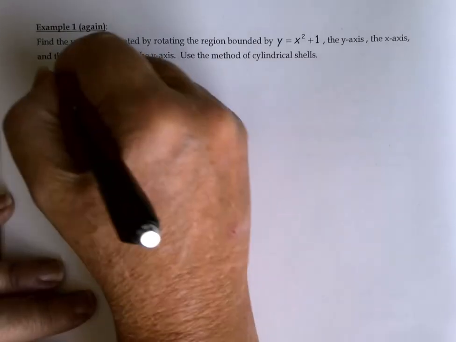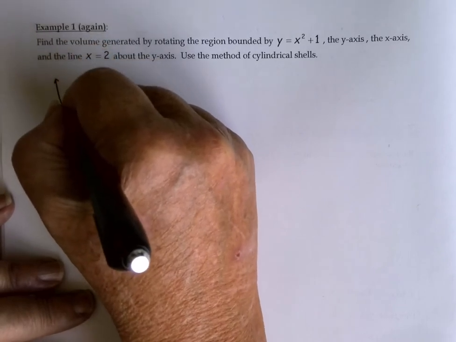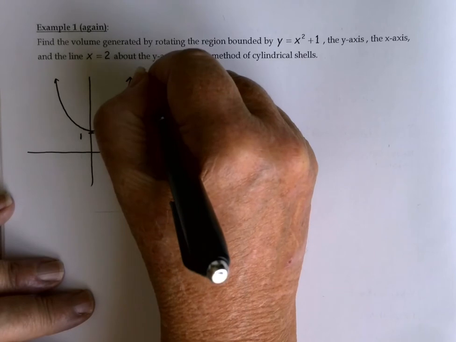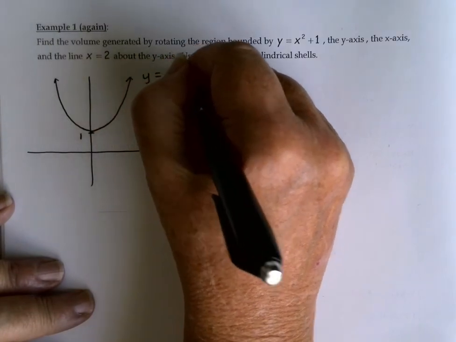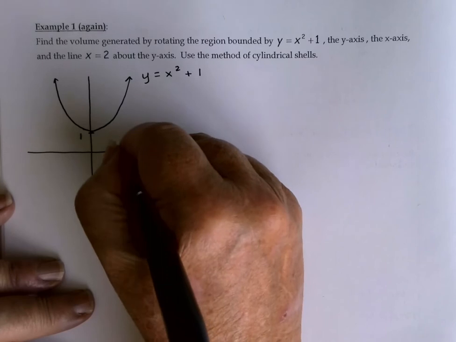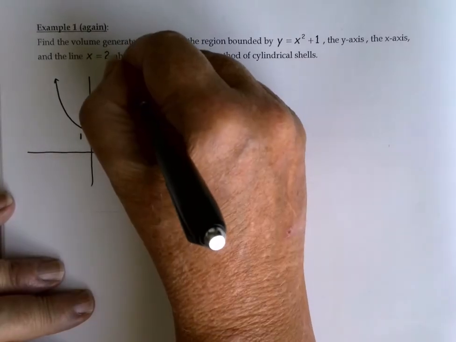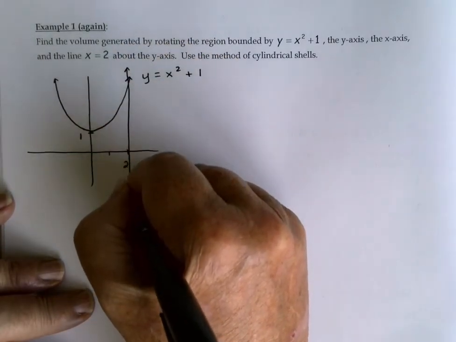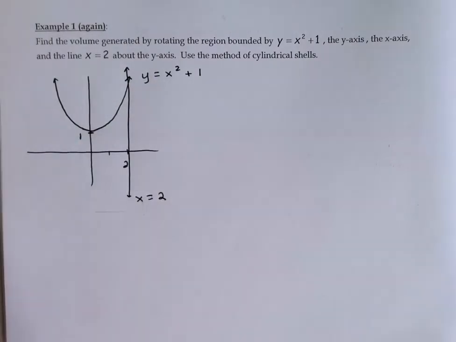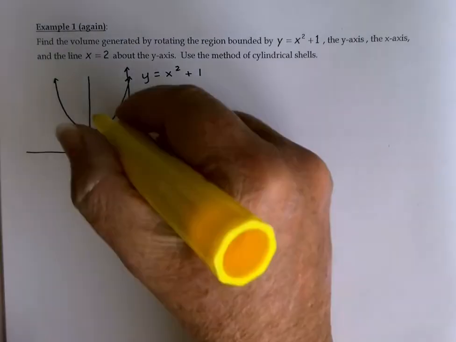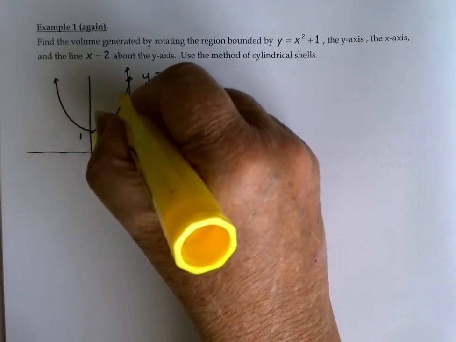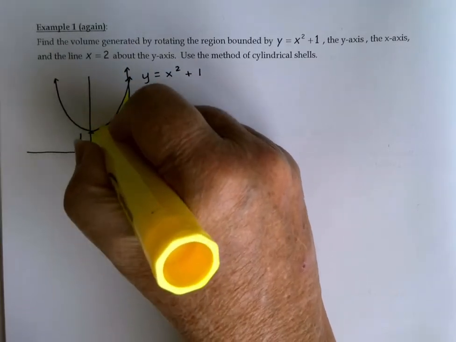Parabola shifted up 1. My vertical line, x equals 2. And then the x and y axes forming the other boundaries. And there once again is that region that I want to rotate around the y-axis.